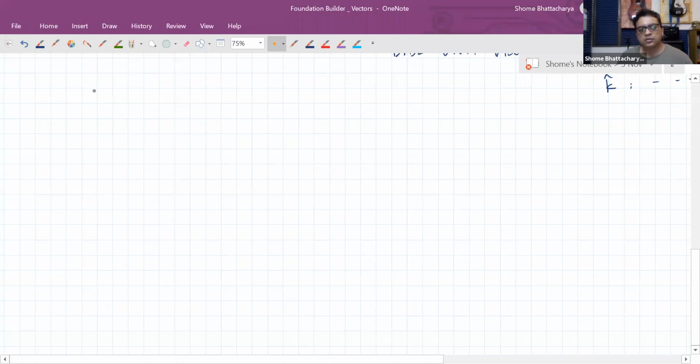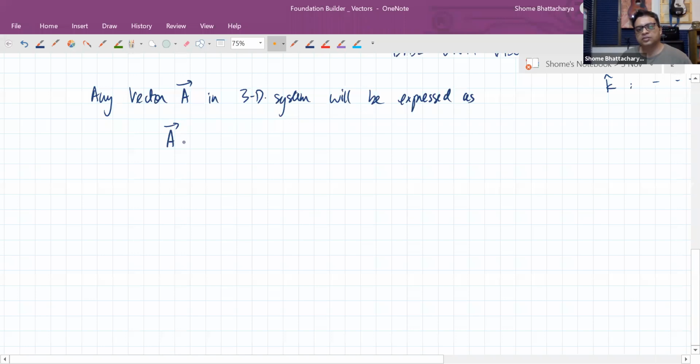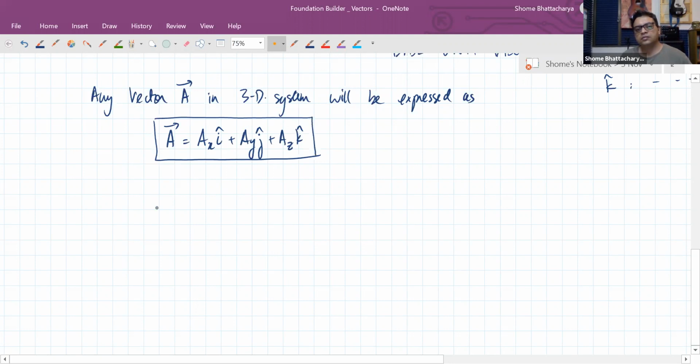Any vector, say A, in the three-dimensional system will be expressed as the sum of three mutually perpendicular components, ax i cap plus ay j cap plus az k cap, where as usual ax, ay and az are scalars.